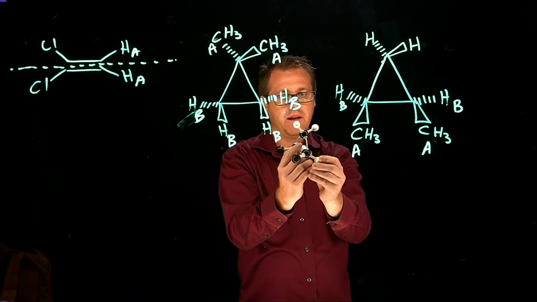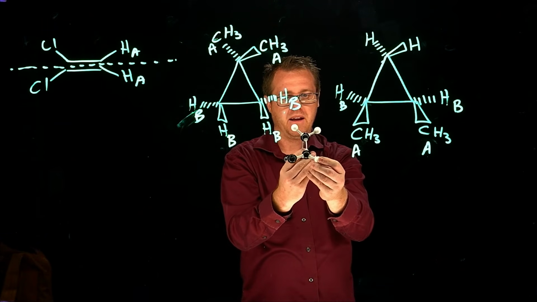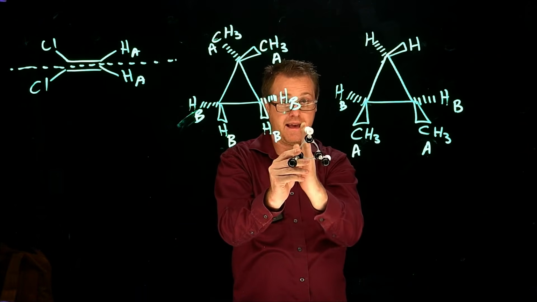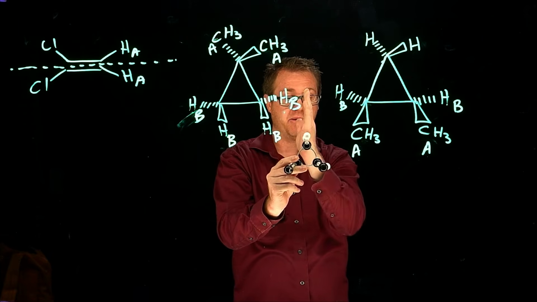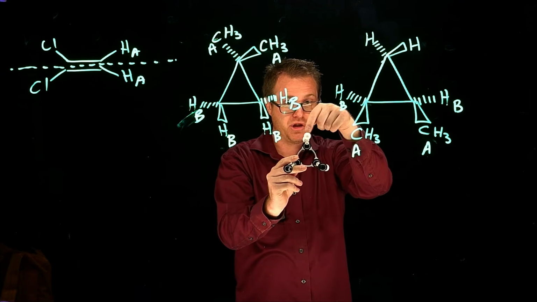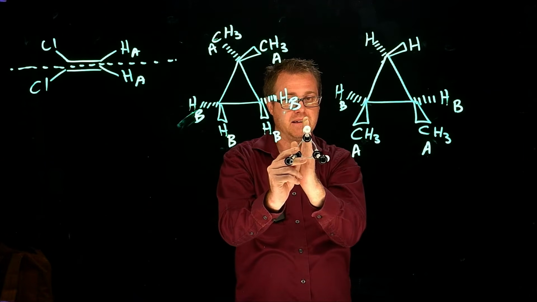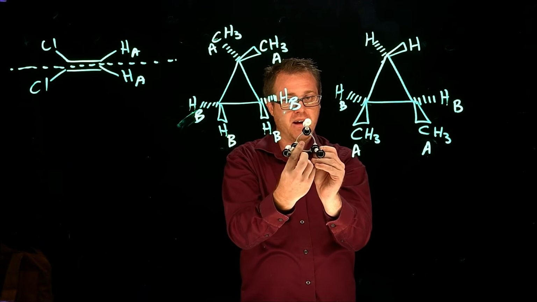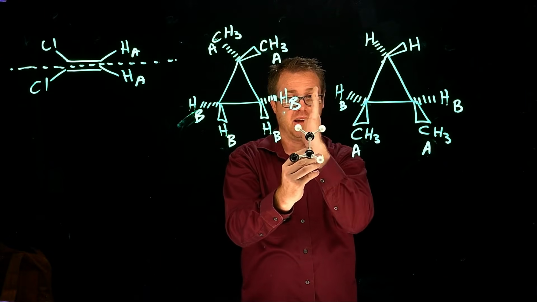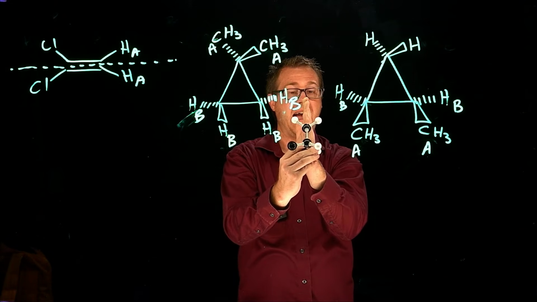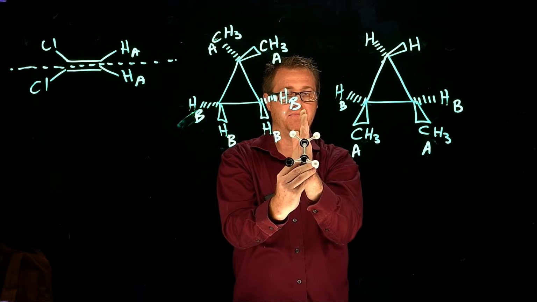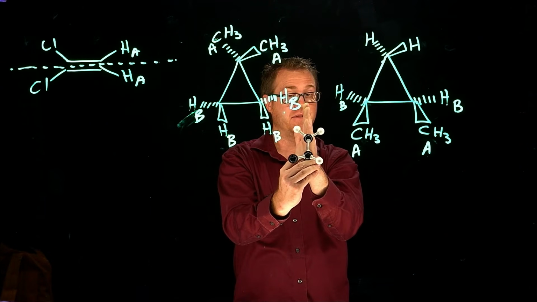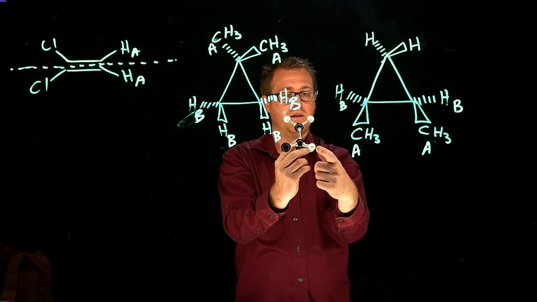If we go and look at it from this perspective right here, is there a plane of symmetry this way? Yes, but that's not the plane of symmetry we need because we are chopping those two protons in half. We need to draw a plane of symmetry that puts those two hydrogens on either half of the plane. And so if I draw it this way, the two hydrogens are on either half, but look down below.